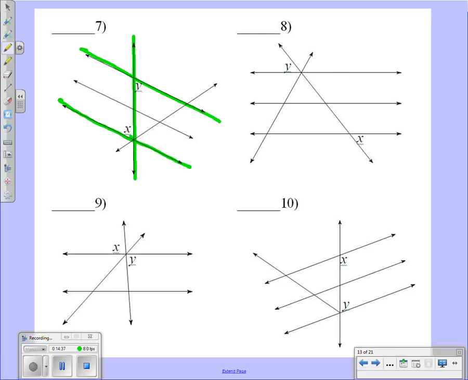Now let's look at where the angles are. Here's angle Y, here's angle X. Notice I forgot to label my transversal. They're on alternating sides of the transversal. So they're alternating sides.